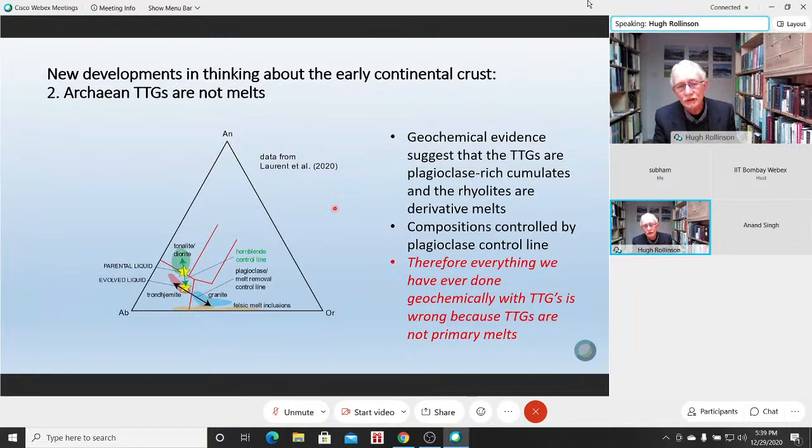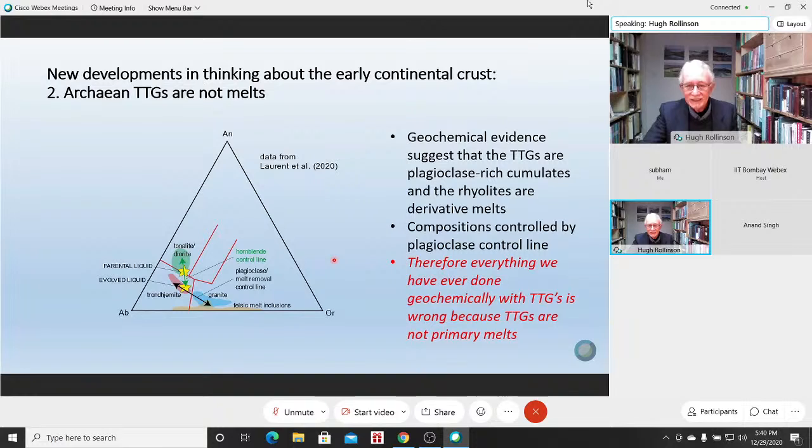Now, if this is true, then everything that we have done with Archean TTGs is invalid, because we have not been dealing with primary melt compositions. And the work of these authors, Lauren and others, published in Nature Geoscience early this year, have attempted to calculate the liquid from which the TTGs came and the primary parental liquid, which is this upper star here.